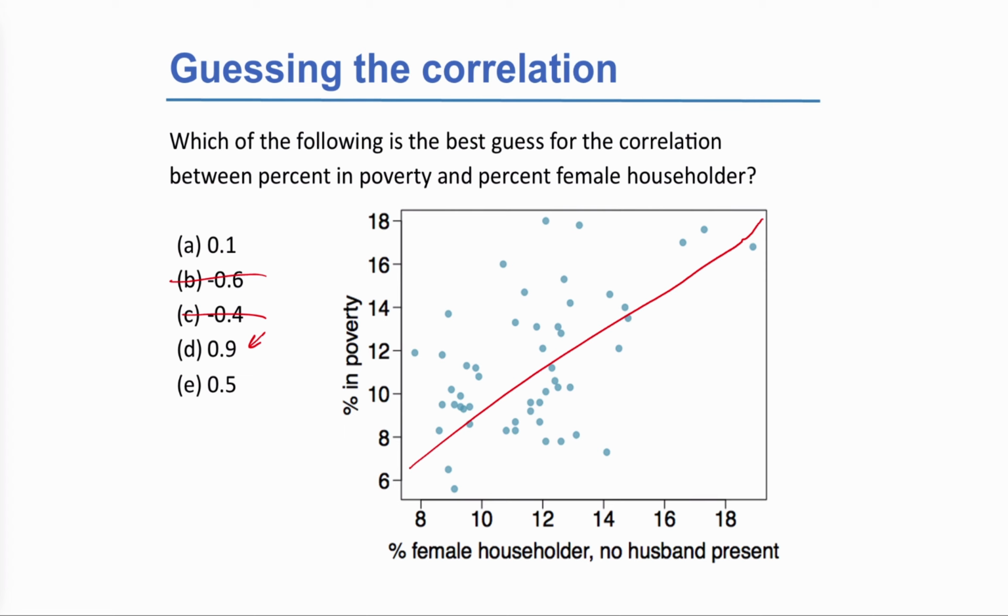We would expect that to be very close to being on a line. But 0.1 would be basically no correlation. We would expect that to not look very much like a line at all. So this is probably 0.5, where we see a positive correlation, but it's relatively weak.